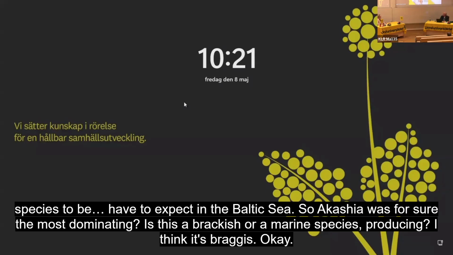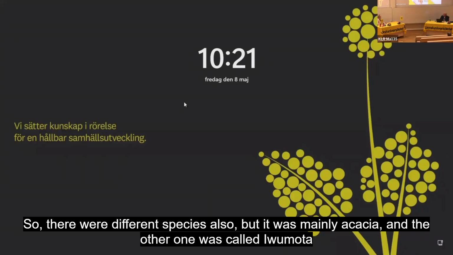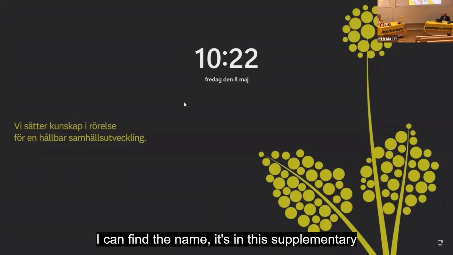So Acartia was for sure the most dominating. Is this a brackish or a marine species? What do you think? I think it's brackish. Okay. There were different species also, but it was mainly Acartia, and the other one was called Eurytemora.